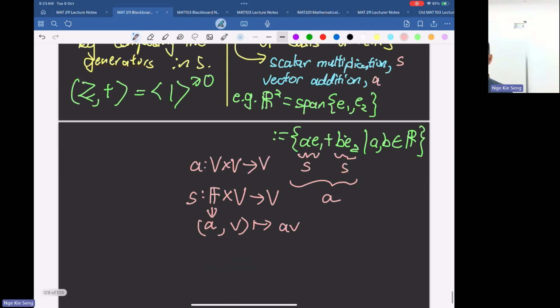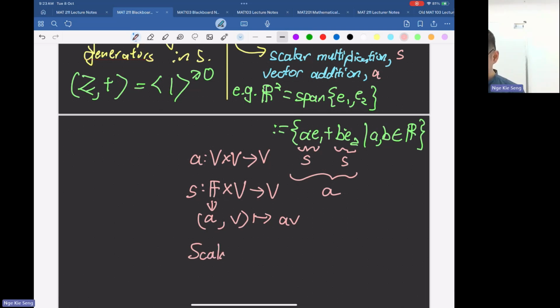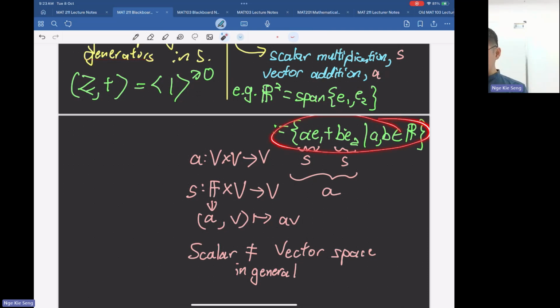So the scalar, in general, might not be in the vector space you look at. In this case, your scalar stays in R, but your vector space is R squared, one dimension more. Can you see the difference between scalar field and vector space?